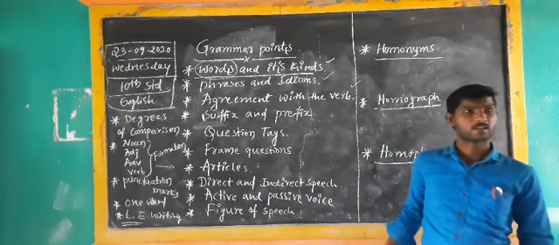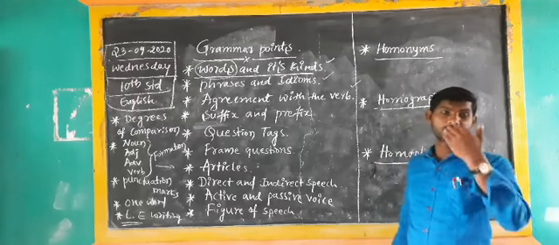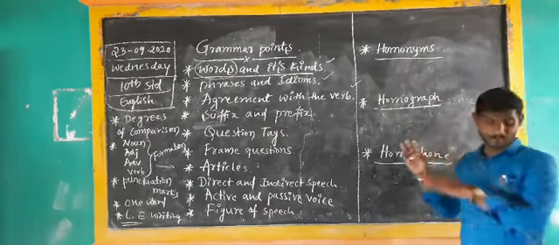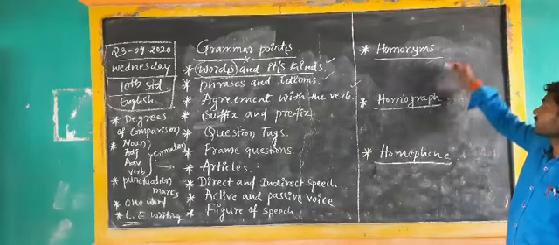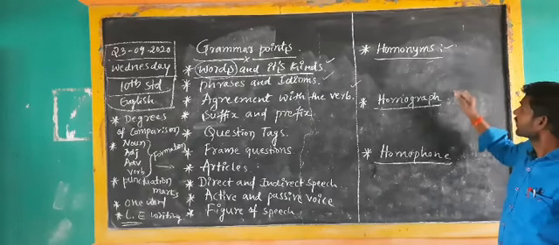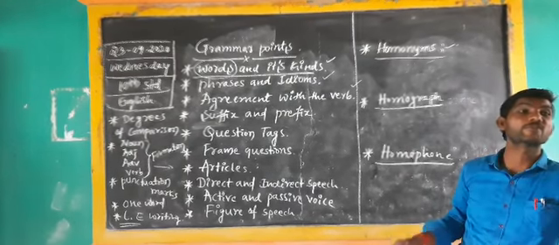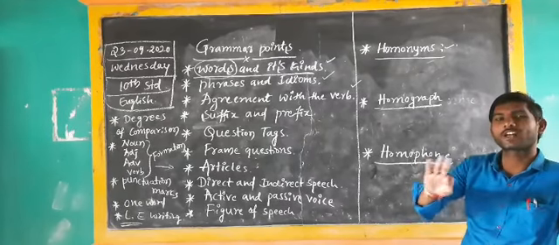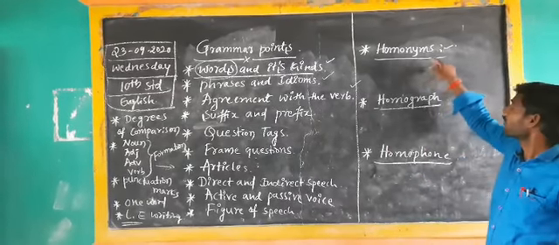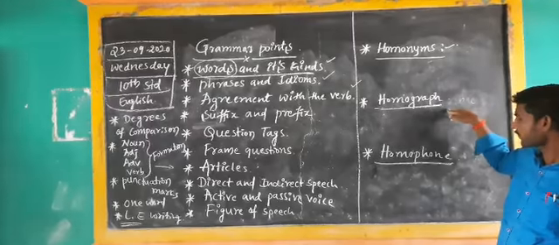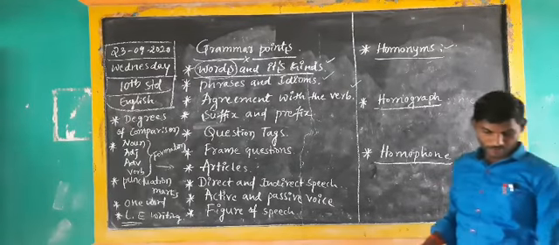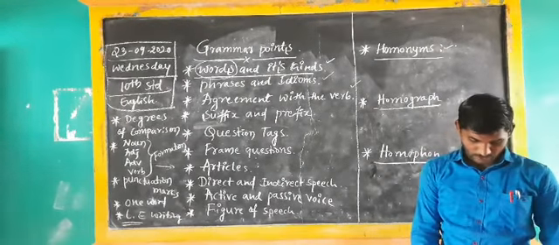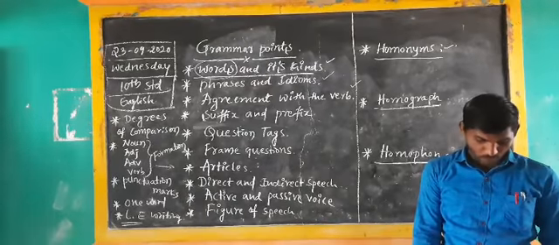Here there are mainly three homonyms. First one is homonyms. These are all meaning confused words. Homonyms means what? Confused words. Homonym, homograph, homophone. We have to understand with the definition here what is the meaning of homonyms.